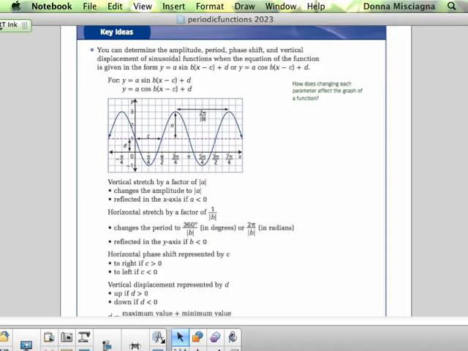The vertical stretch by a factor of a changes the amplitude to the absolute value of a, and it's reflected in the x-axis if a is negative, right? So if for instance you wanted to graph an equation and the person gave you the equation so that you were starting at the y-axis, there'd have to be a reflection.